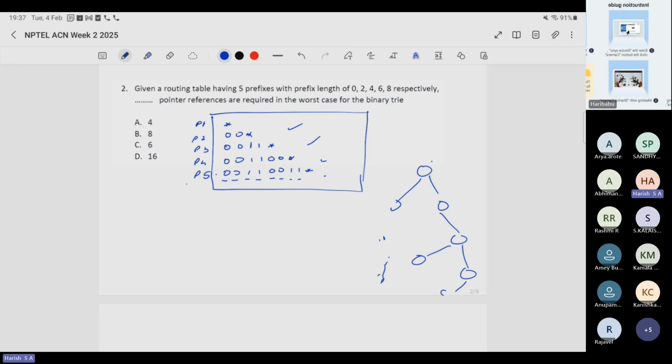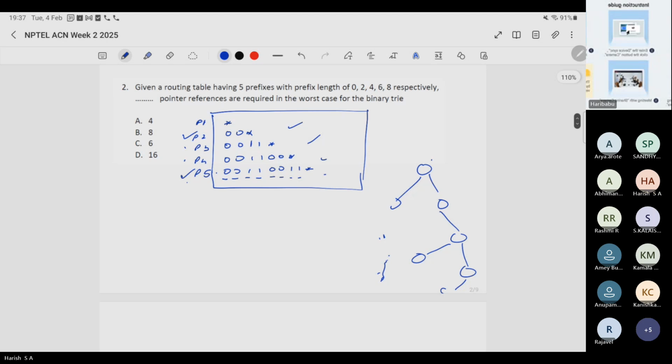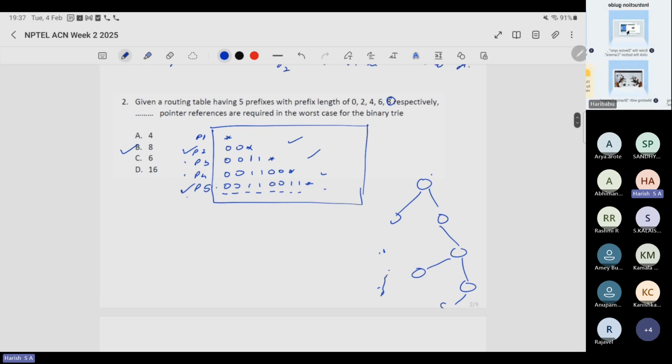The worst case pointer reference is the highest one, right? Because if a packet comes and gets matched with P2, then it's well and good. If it does not get matched with P2, then it'll go and check P3, P4, and in the worst case, maybe it'll go to P5. It's a very simple question. So the worst case itself is the answer, which is 8. So the answer is 8 here.